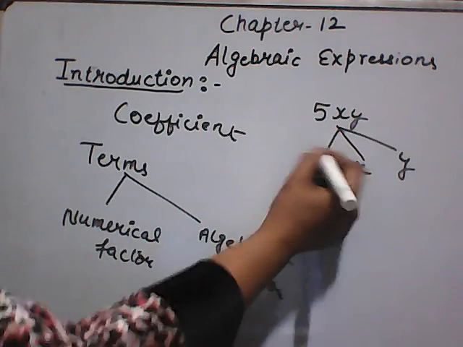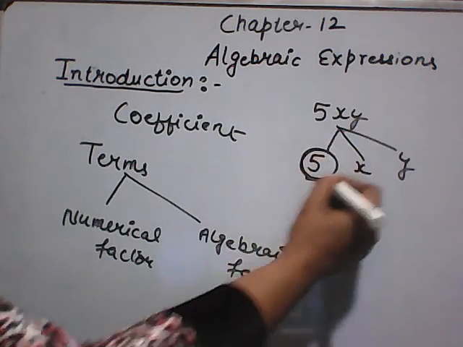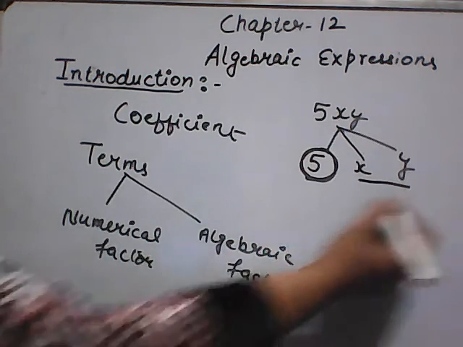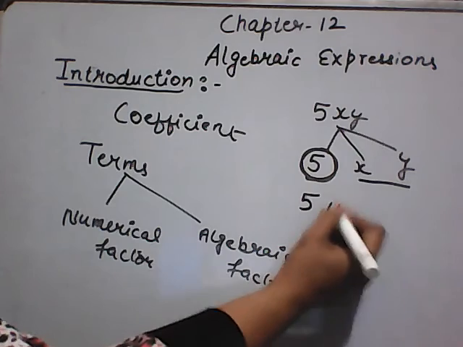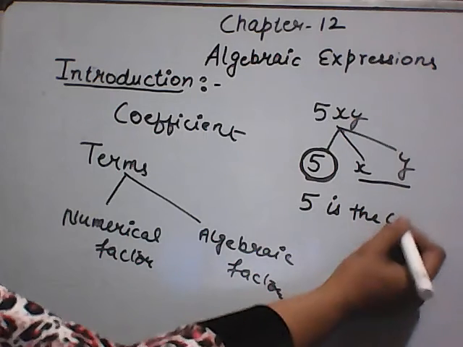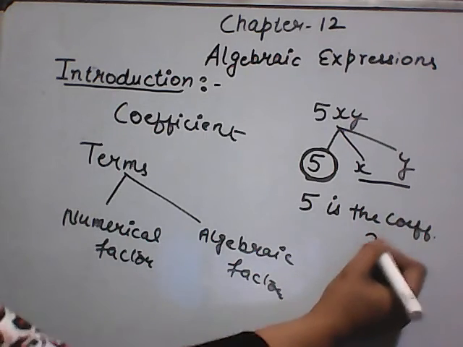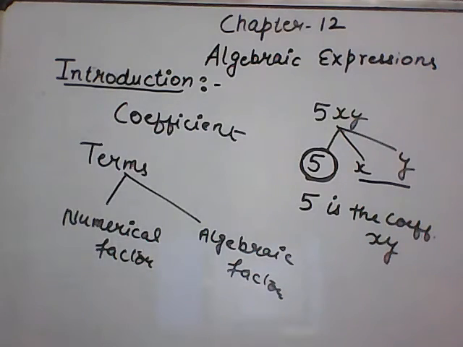Here 5 is the coefficient of xy. In this way you can find out the coefficient of a term.